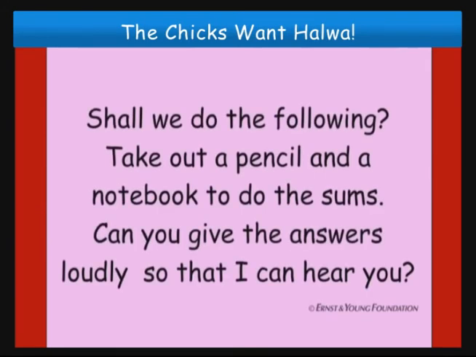Shall we do the following? Take out a pencil and a notebook to do the sums.